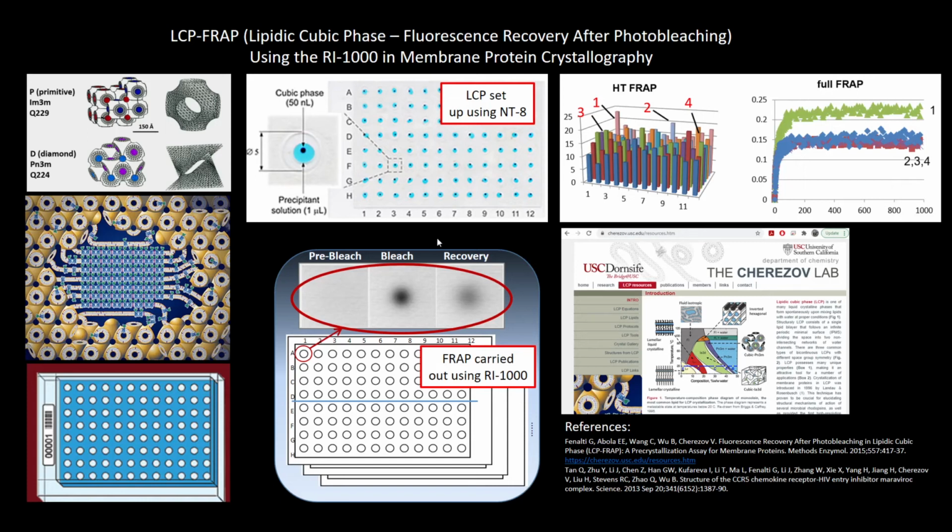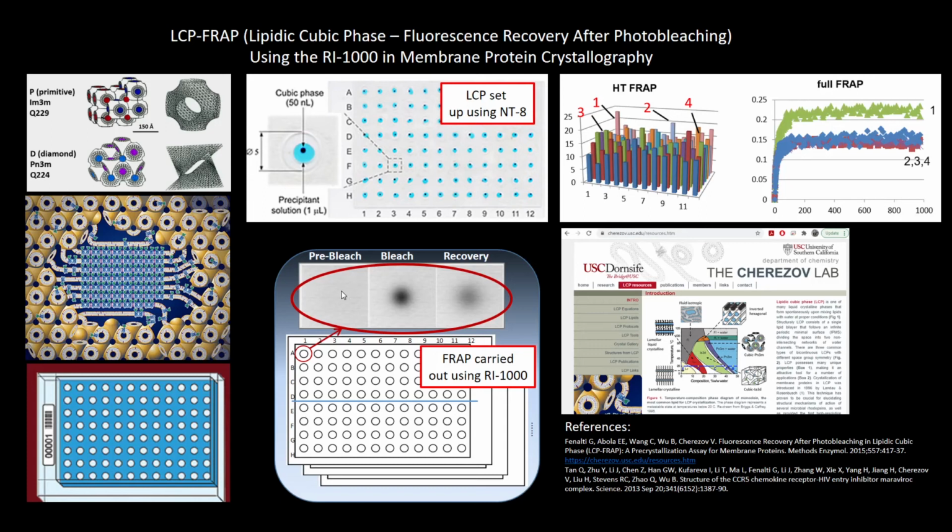Crystallization experiments are using glass plates, where a small drop of LCP is surrounded by precipitant and sealed by a cover slip. The MT8 is able to set LCP crystallization trays, and the RI1000 is equipped with a fluorescence module and accompanying software to perform the LCP FRAP experiment.